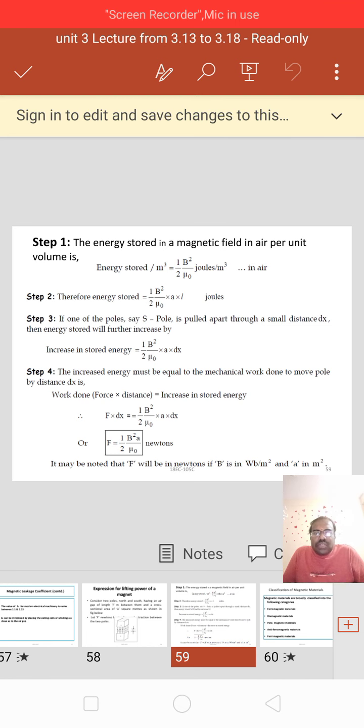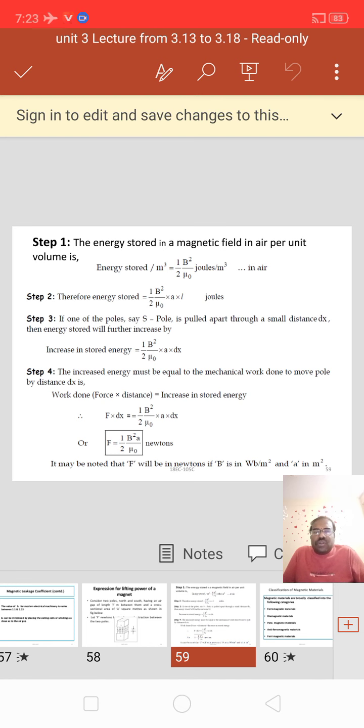Step 4. The increased energy must be equal to the mechanical work done. To move the pole by distance dx, the work done, that is force into distance, equals the increase in stored energy. F into dx equals half into B square by mu naught into A into dx.